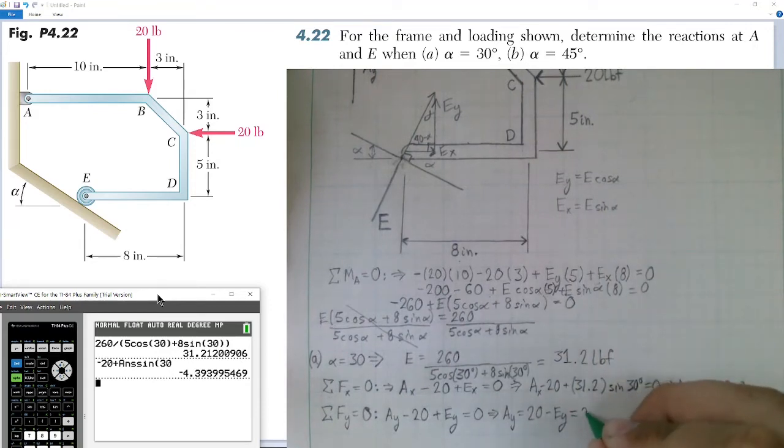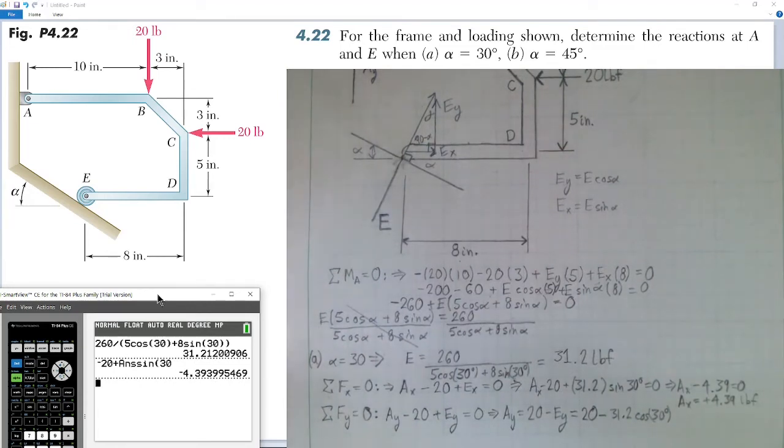So this is equal to 20 minus E, which I know is 31.2 pounds, times the cosine of 30 degrees. So I have 20 minus 31.2 times cosine of 30 degrees. And this will tell me what my AY force is. So I'm going to say 20 minus 31.2 cosine of 30.